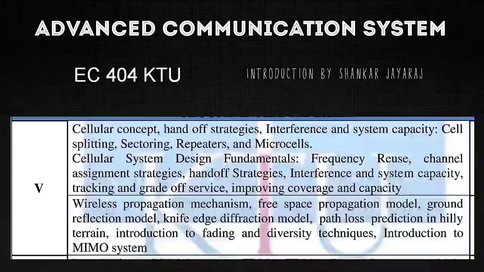And what are the different diversity techniques that we can employ? We already saw a few diversity techniques in the previous year, so we can have a revision of that. Finally, you will be introduced to the massive input, massive output system, that is the MIMO system. We will talk about the basic architecture of the MIMO system and the basic things that are required.